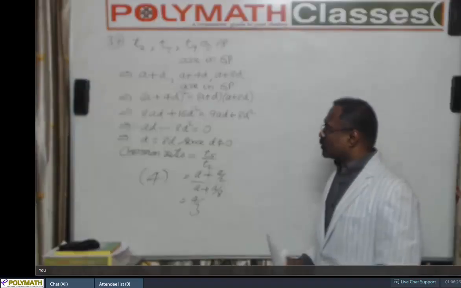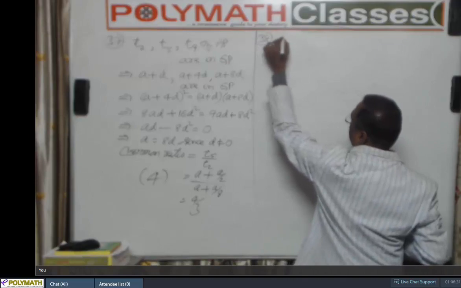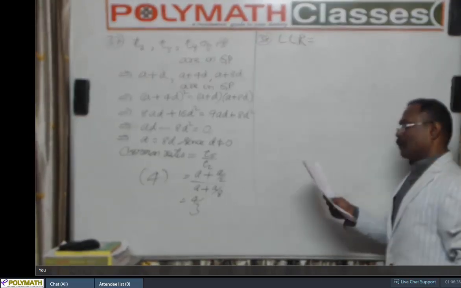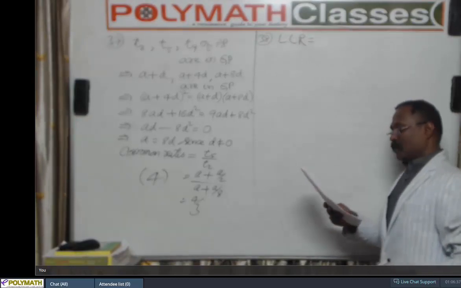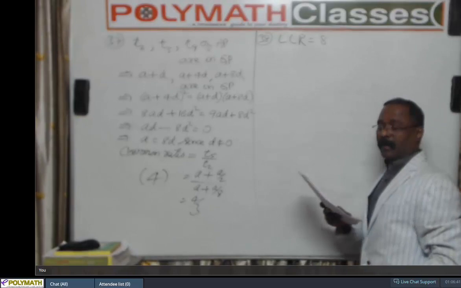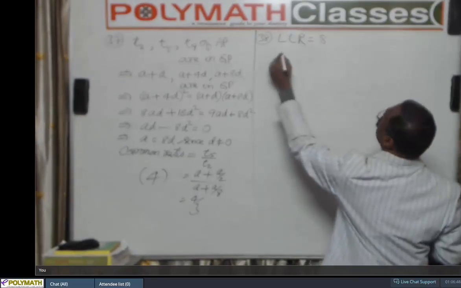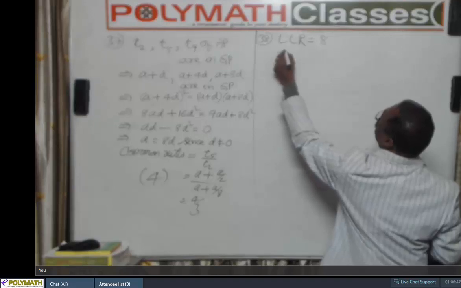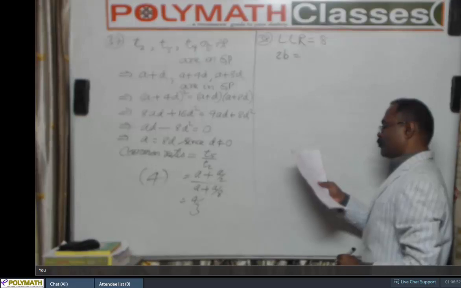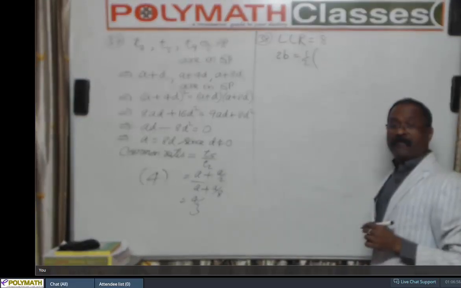What is given? Length of the latus rectum, let me, in the short form, say it as LLR, is given to be 8. And the conjugate axis, twice B, is equal to half of the distance between the foci.